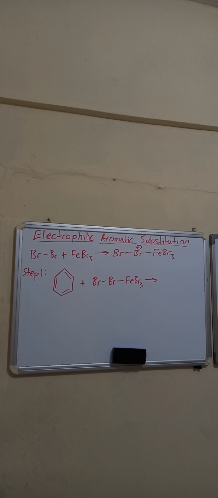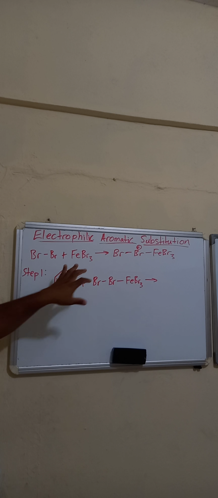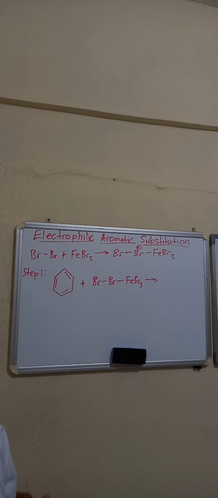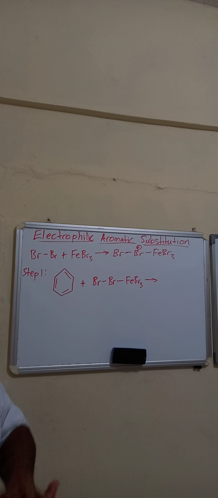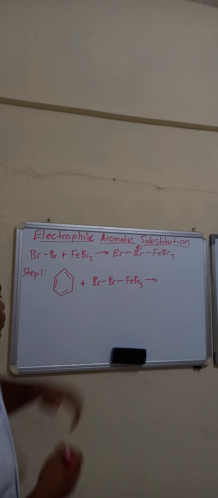Alright, so this one is the halogenation of benzene. And the catalyst, so for the benzene reactions, they need a catalyst, or else the reaction will occur slowly. If you want to add a halogen to the ring, for bromine, use FeBr3. Just like with the nitration of benzene, the catalyst makes the bromine more electrophilic.